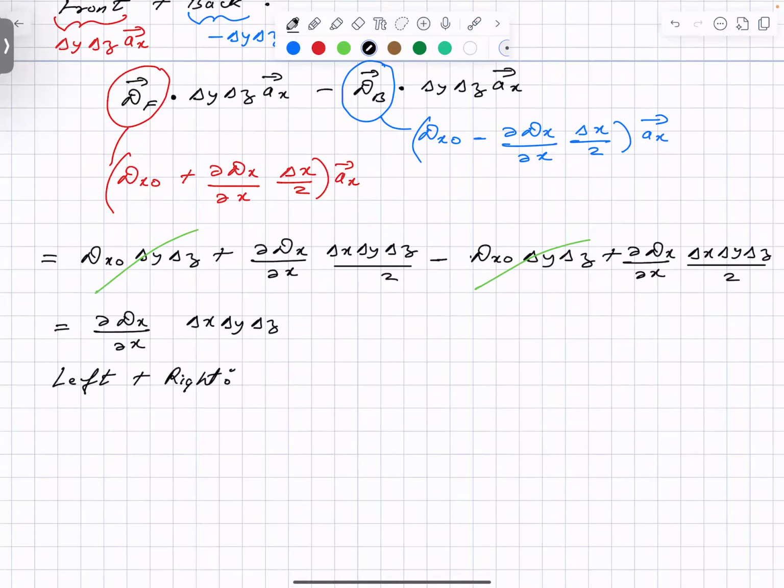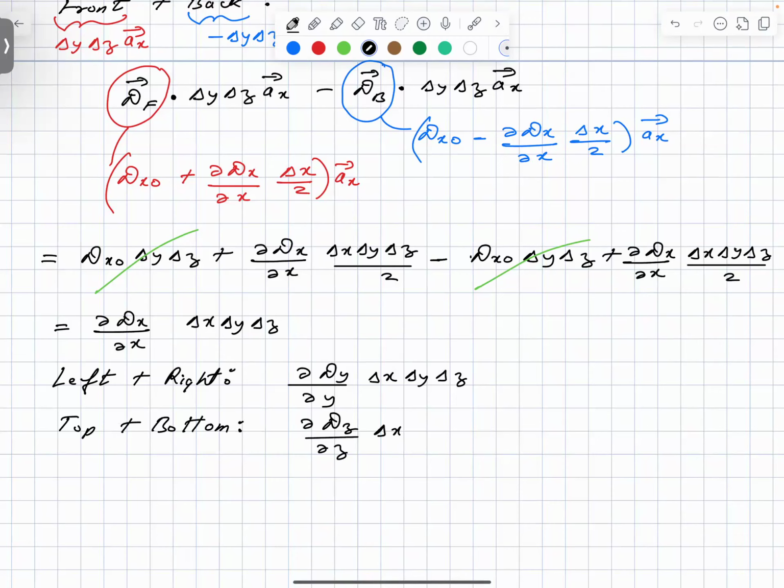And very similar analysis will lead us to, for the left plus right, the derivative of the Dy component with respect to y times delta x, delta y, delta z. And if we do the top plus bottom, we're going to get the derivative of Dz with respect to z times the same.